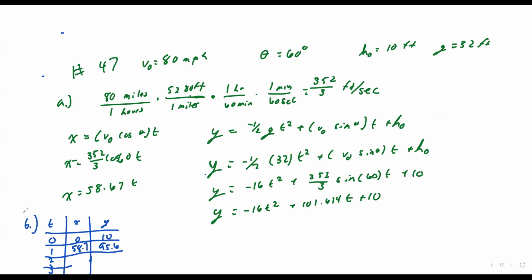2. Again, I just chose these numbers. You can choose whatever. I think this will give you your best idea of where to go with this. So again, I want to go to 2. And for my X, I get 117. For my Y, I get 149.